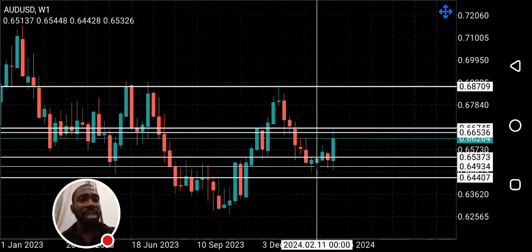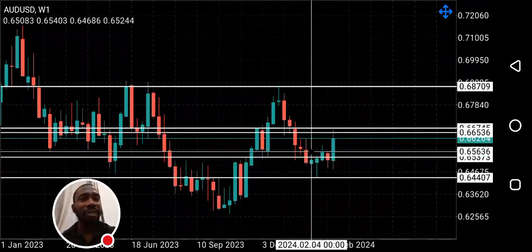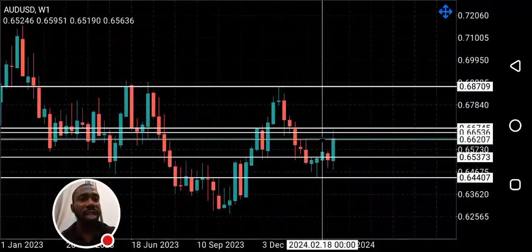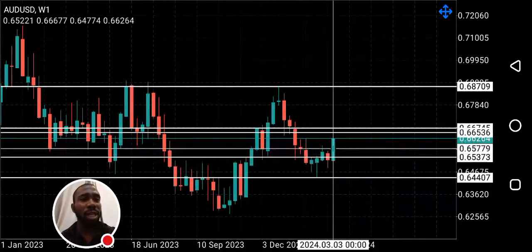If you had missed entering a buy after the formation of this hammer, the second opportunity would have been after this pullback on the weekly time frame.